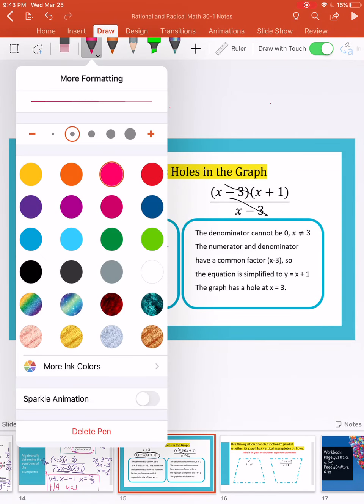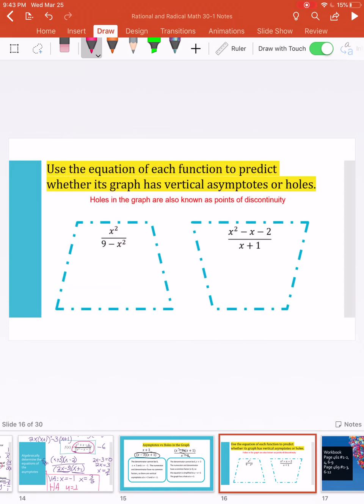All right, so let's look at these two examples here and try to figure out if the graphs have vertical asymptotes or holes in the graph. The first rational expression, hopefully you will notice that 9 minus x squared is a difference of squares. So it's the same as 3 minus x times 3 plus x.